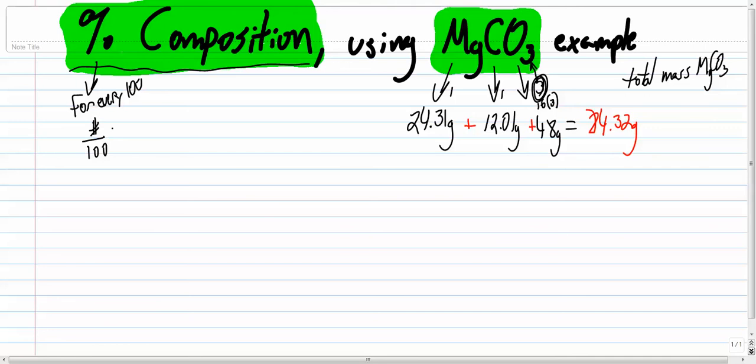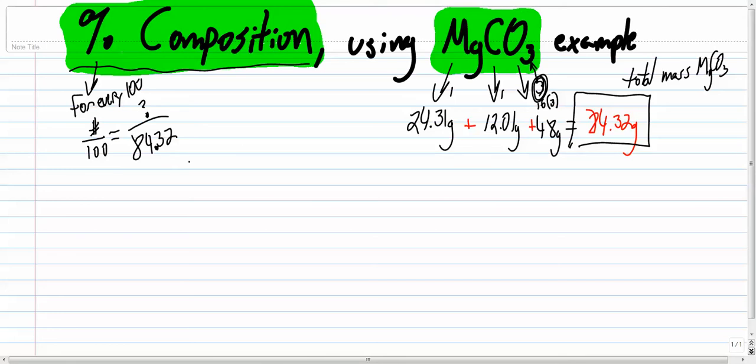Anyway, what we're going to do is take this fraction and think of this as our 100. So I'm going to say that my 100 is comparable to my 84.32, and then I'm going to put in my different elements.